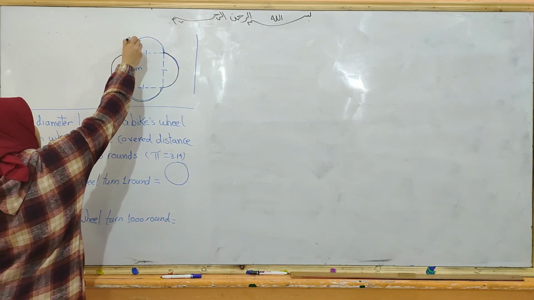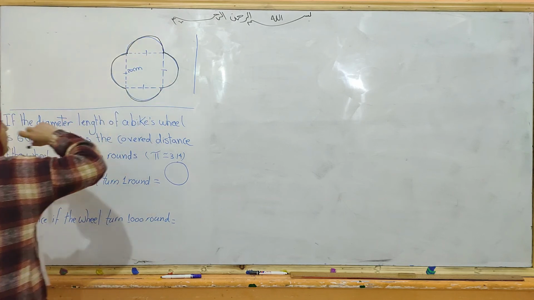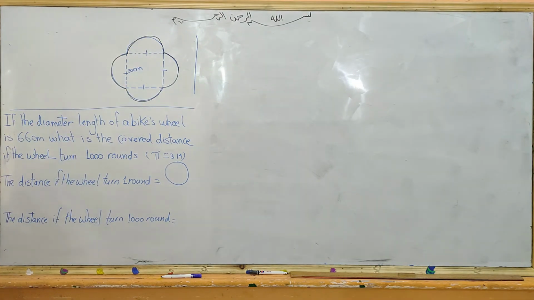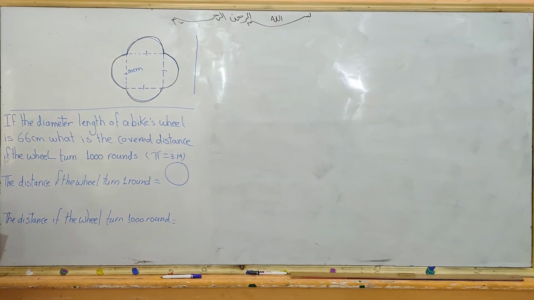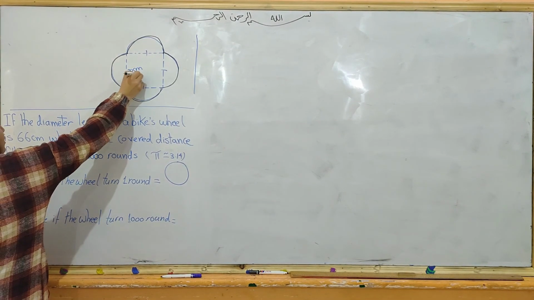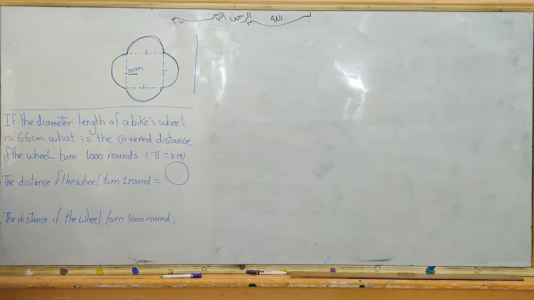Figure number 3: to find the circumference of this figure, we need this length. We said before, the circumference of any shape is the perimeter. In this figure, we have 4 halves with the same diameter. The diameter equals 20 centimeters. We know 4 halves of the same diameter equal 2 circles.